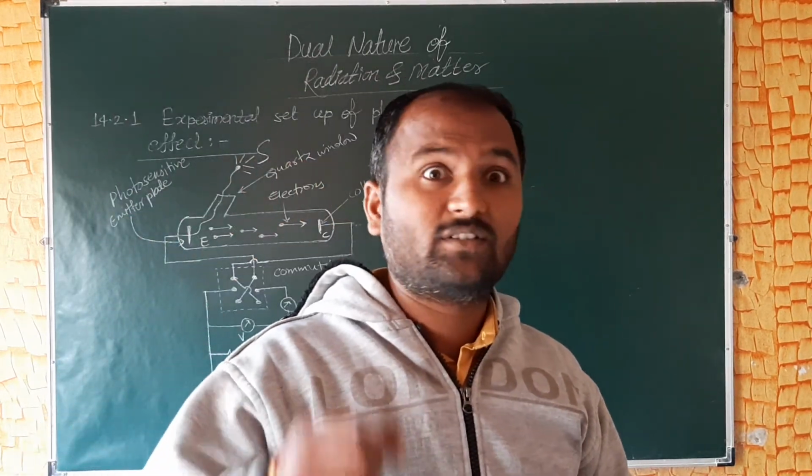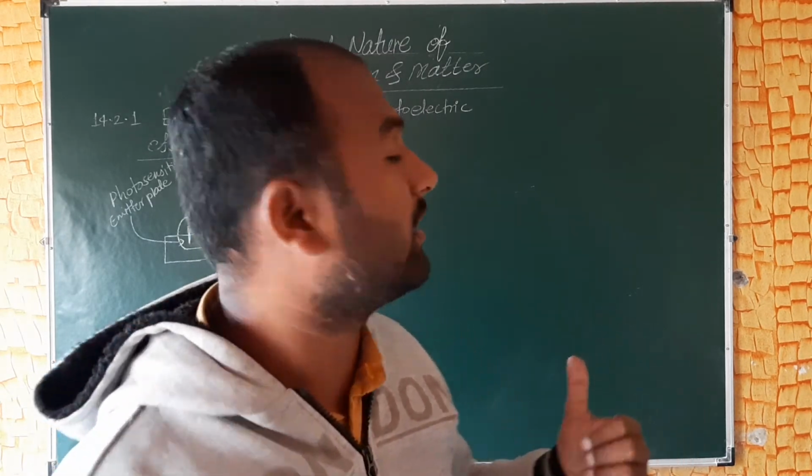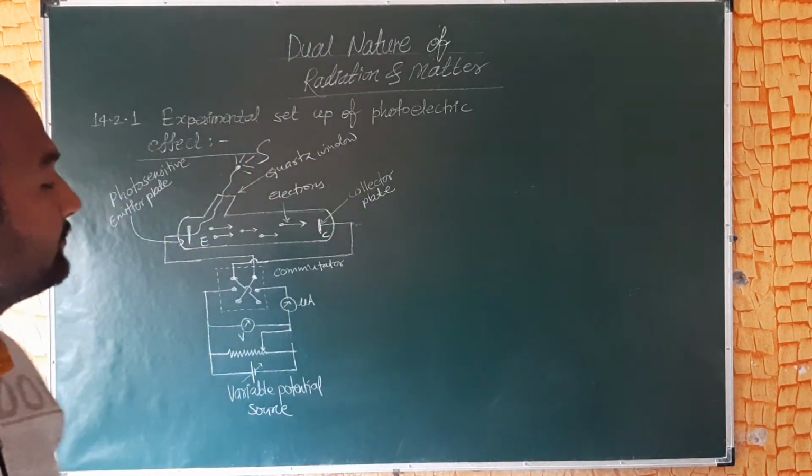We know that electrons are negatively charged, so C must be at positive potential so that it can accept the electrons.